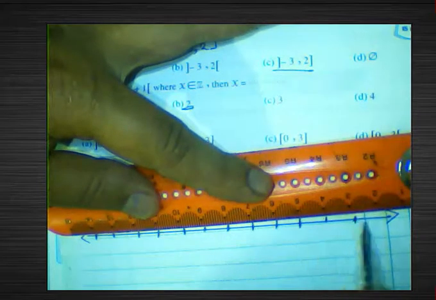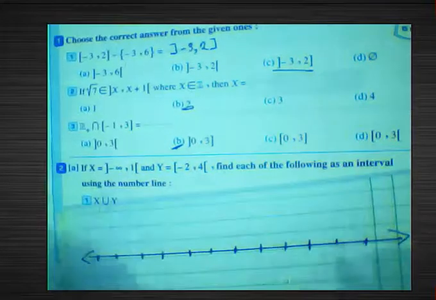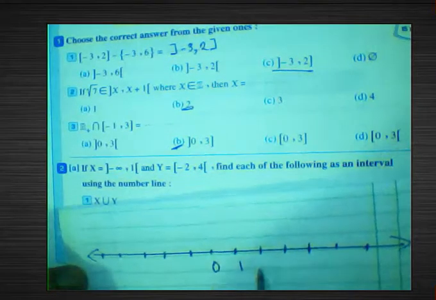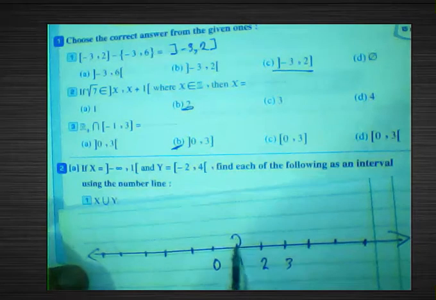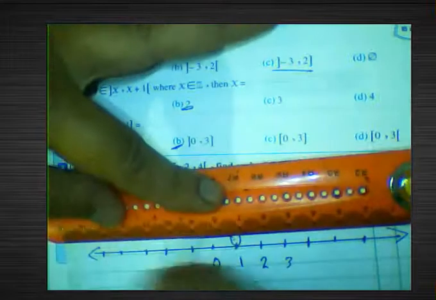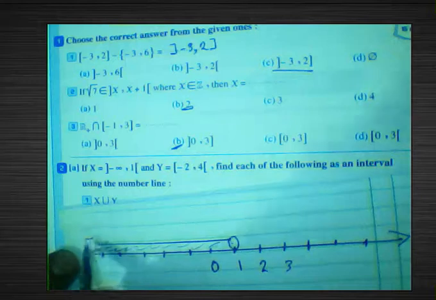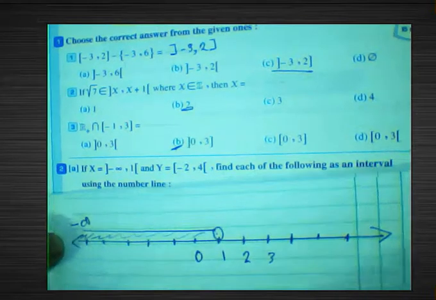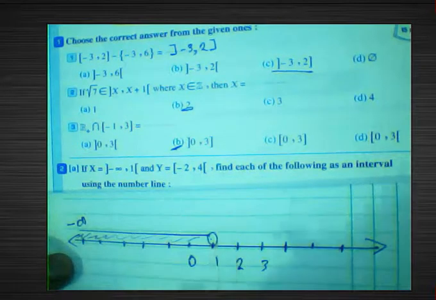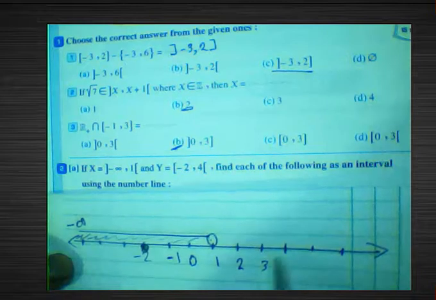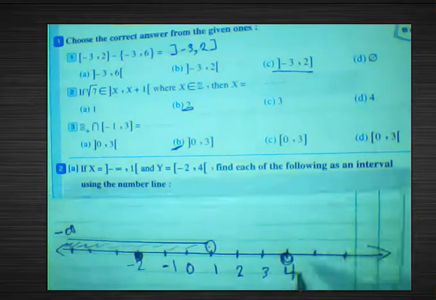From -infinity to 1, 1 here. And here y from -2 closed to 4 open.